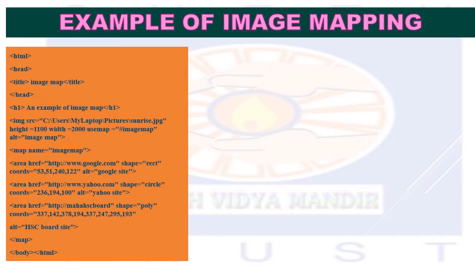As I said, the 3 important tags of image mapping are the IMG tag, map tag and the area tag. Now see how these 3 tags are used here. In the IMG SRC tag you can see the source from where this particular image has been taken. That is the full location you can see here, and the name of the image.